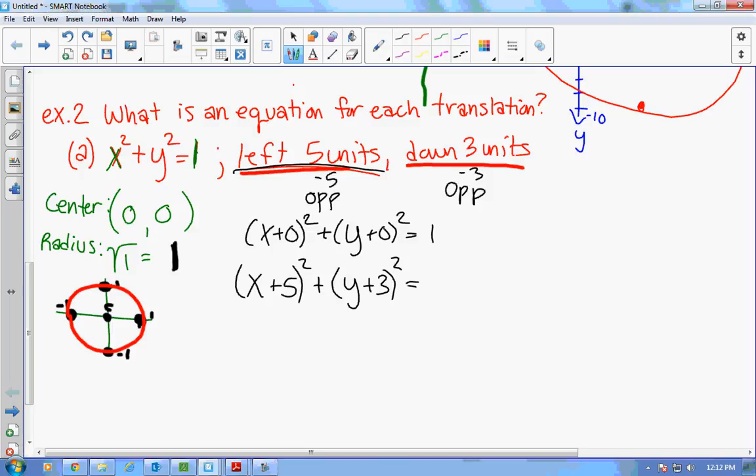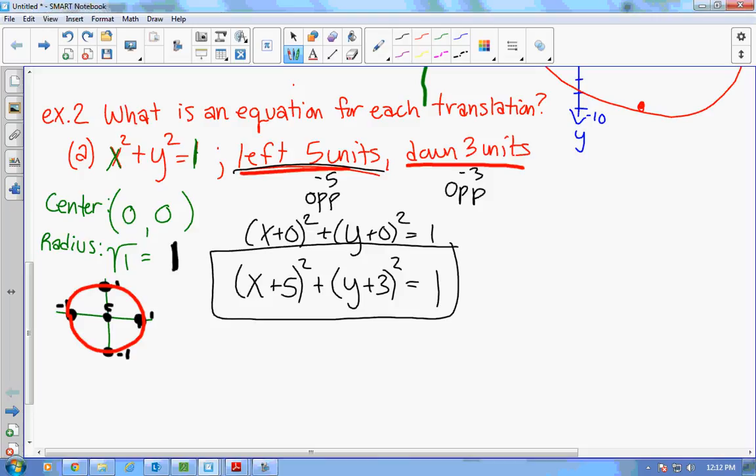Now, if you take a circle and you shift it, does my radius change? No, that's a dilation, which we'll do later. If you take a circle and you shift it, it's still the same size circle. So the radius is still going to be 1. This is our answer.